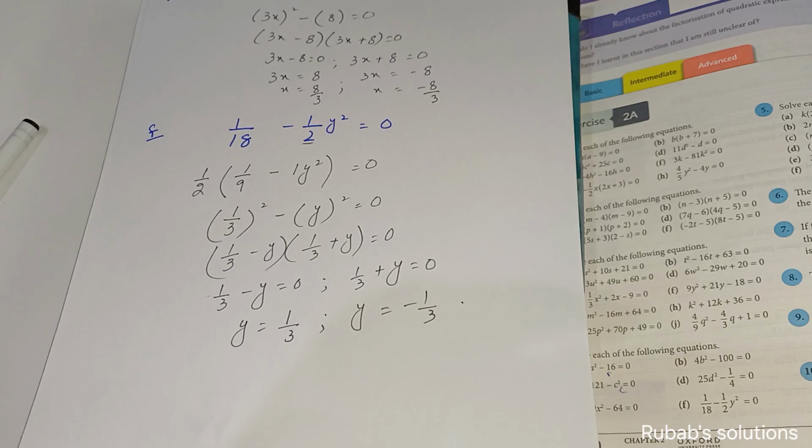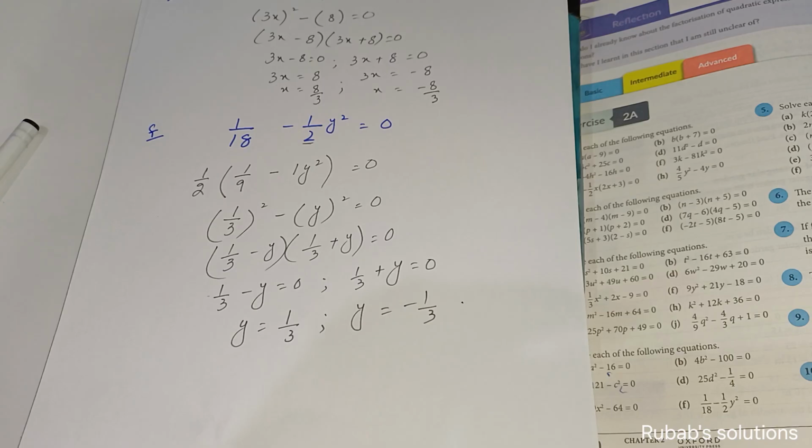From here 5d is equal to 1 by 2. 5 is multiplying, so that means it will come in the denominator. So d is equal to 1 by 10. From here 5d is equal to minus 1 by 2, d will be equal to minus 1 by 2 multiplied with 5, d is equal to minus 1 by 10. So this is your answer.